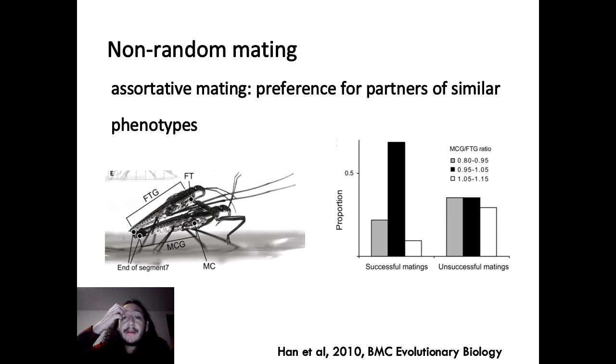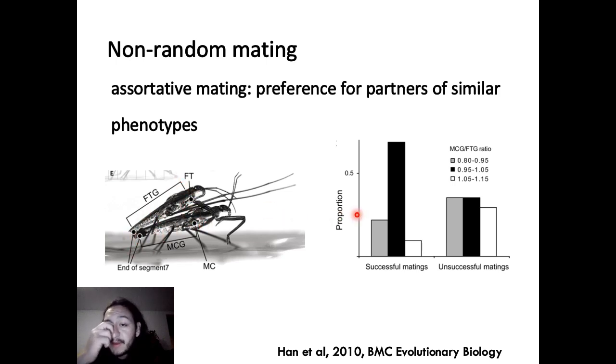This type of assortative mating means that you have a partner that is probably similar to you in some way. Here we have these beetles, these bugs that were reproducing in the study, and they measured the female body length and the male body length.